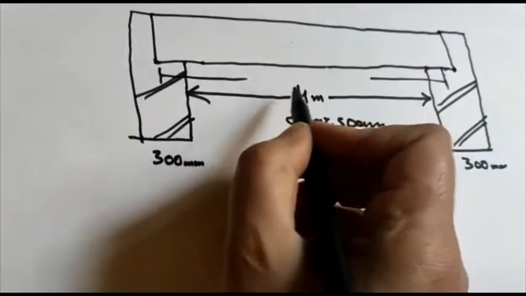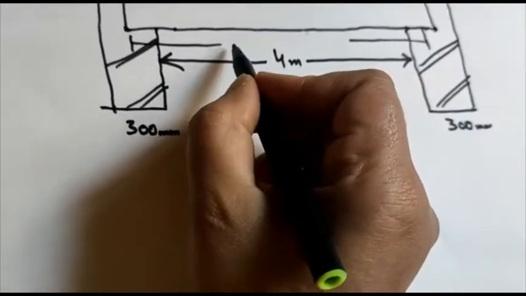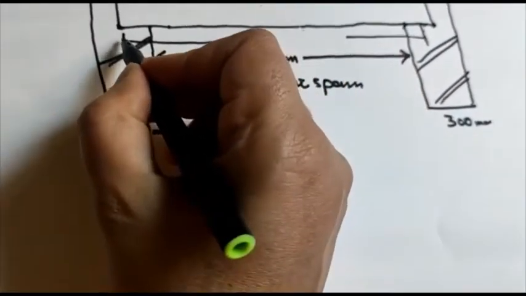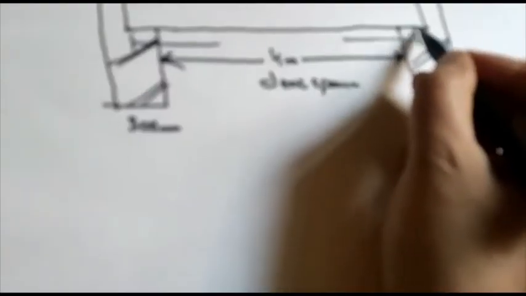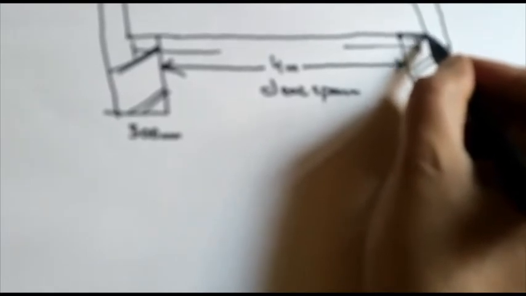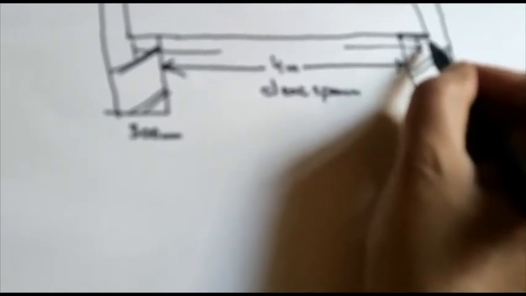Now effective span is the distance between mid of bearing. This is the bearing, the portion of beam which rests on a wall.